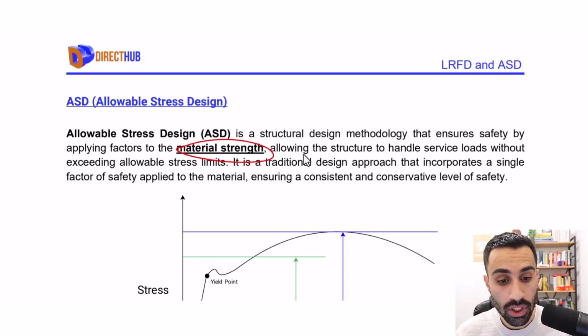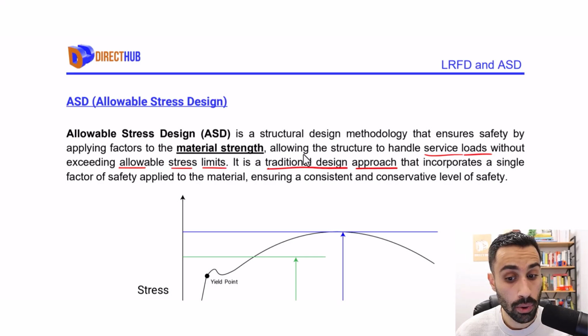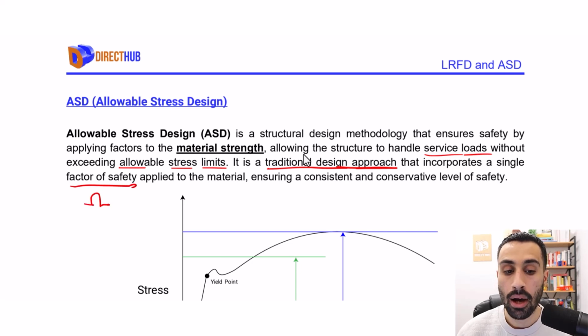So it's always the material strength that we look at, allowing the structure to handle the service loads without exceeding allowable stress limits. So it is a traditional design approach. This is an older, more traditional approach that incorporates a single factor of safety. We call this R over omega, applied to the material, ensuring a consistent and conservative level of safety.